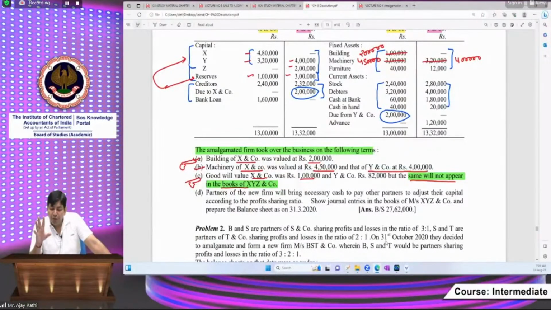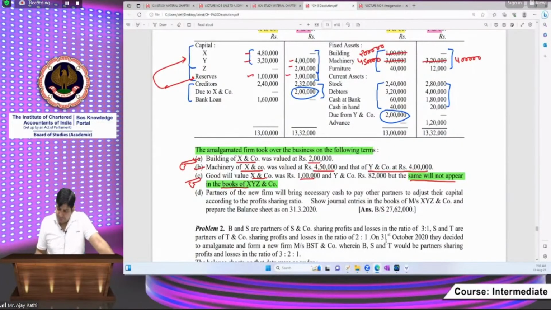So we do not need to open the goodwill account in the books of the old firm, because in that case we would be transferring it to the new partnership firm, and the same balance will be opened in the books of XYZ and Company. Hence we have to stop before opening anyways, but the final adjustment will be there in the books of the new partnership firm.